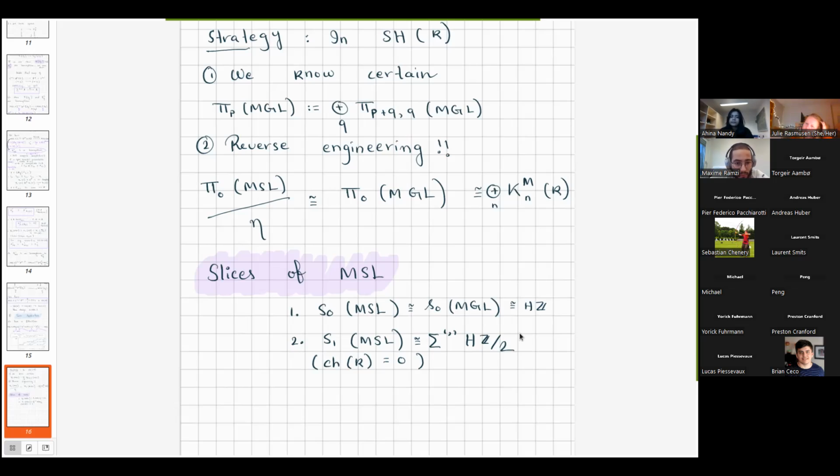They wanted some analog of the Atiyah-Hirzebruch spectral sequence, and there is an analog. There is a filtration called the slice filtration, and that filtration gives a spectral sequence called the slice spectral sequence.